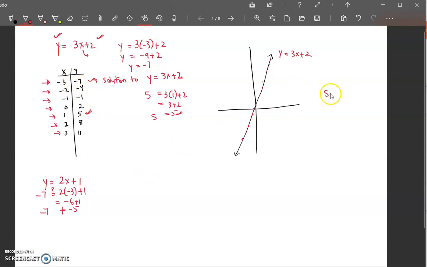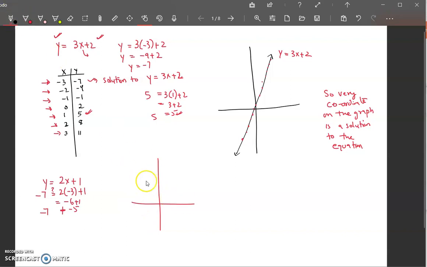Okay, so any single point on this line is a solution to my equation. Every coordinate on the graph is a solution to the equation. And that's not just for a line, it's true for a parabola as well.